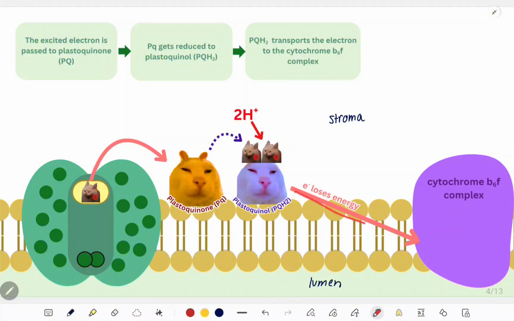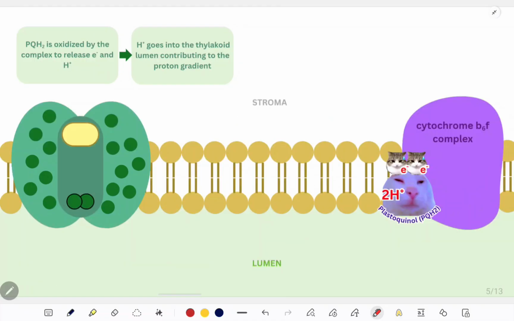And you can see that this arrow is going in a downward direction. That's because the electron gradually loses energy because it is providing energy to plastoquinol to take the protons from the stroma and to make its way to the cytochrome B6F complex. So once plastoquinol has arrived at the cytochrome B6F complex, the electrons that it is carrying are now low in energy.